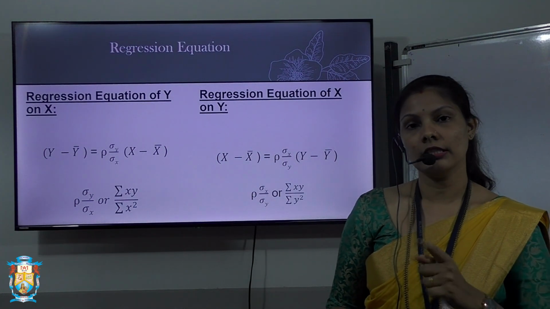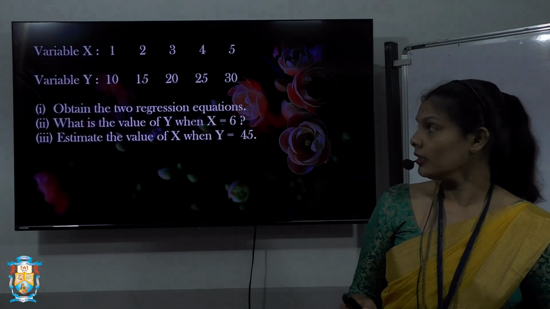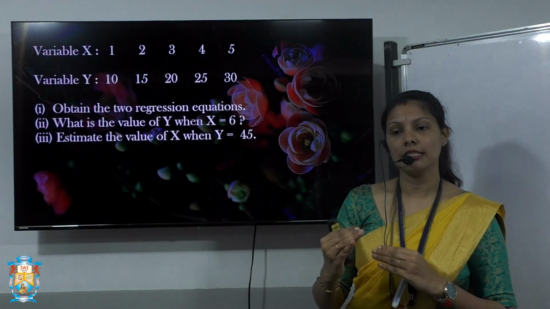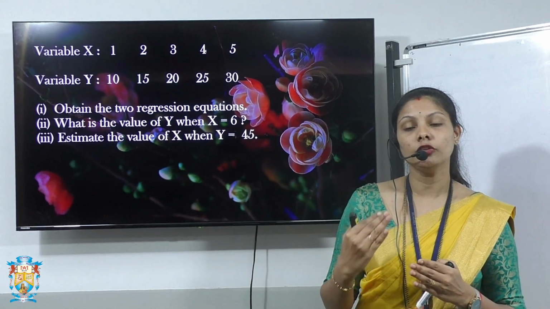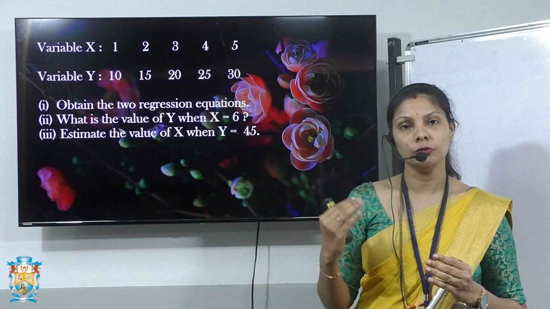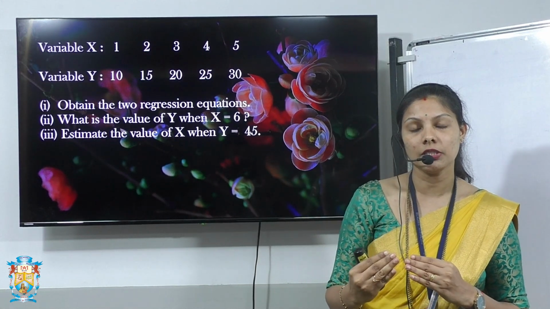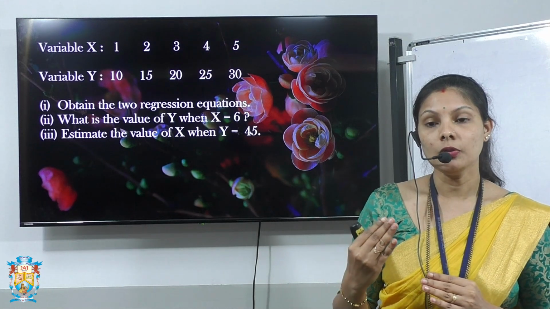So, based on this regression equation, we will solve one problem. The problem is given where variable x and variable y are given. Now, we need to obtain the two regression equations. The next question they have given: what is the value of y when x equals 6?